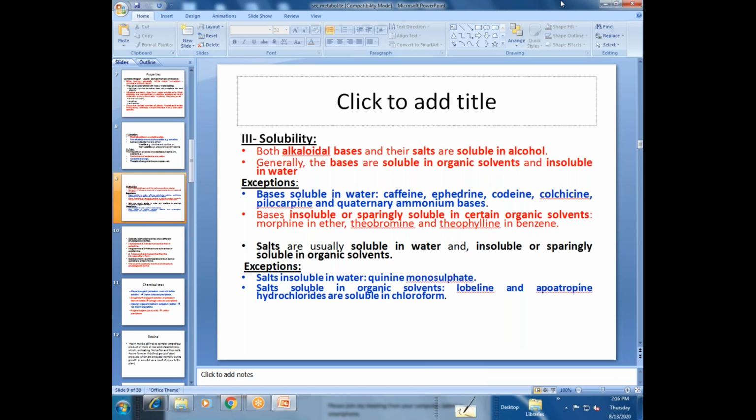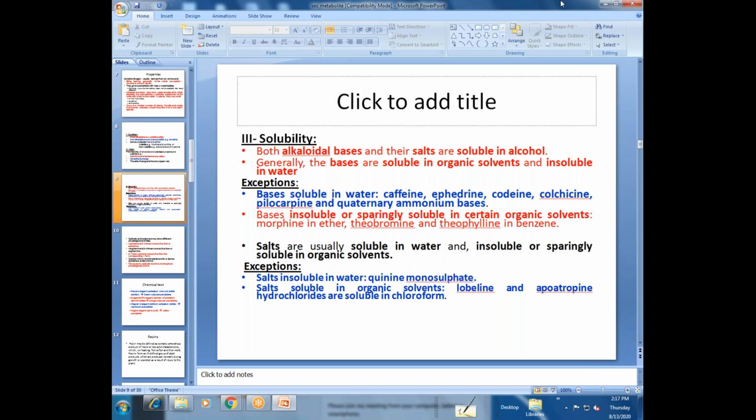Clear? According to us, bases are not soluble in water, but caffeine and ephedrine are a few bases which are soluble in water.